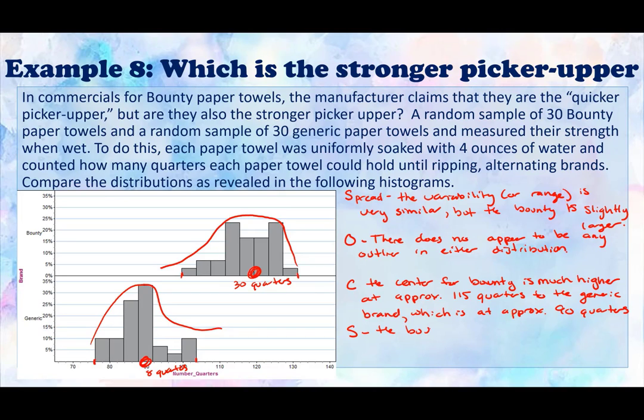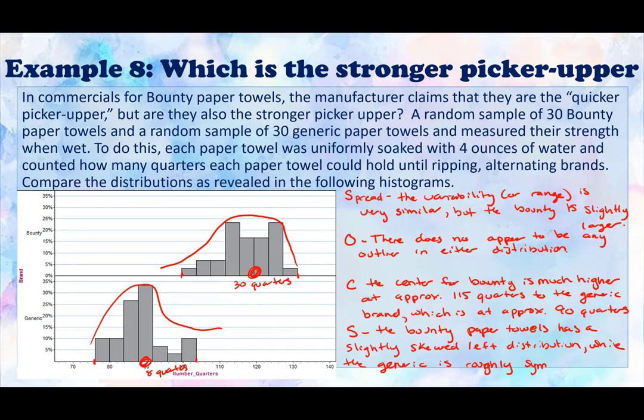The Bounty paper towels has a slightly skewed left distribution, while the generic is roughly, and we use a lot of ly words in this class, symmetric. Because you can't be 100% sure one way or the other.